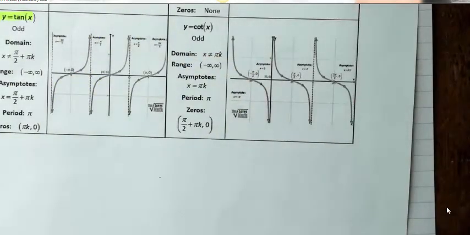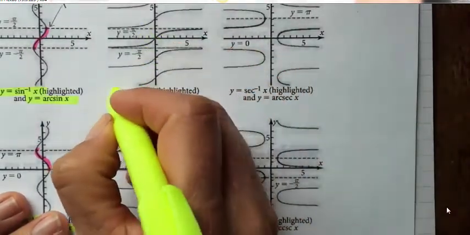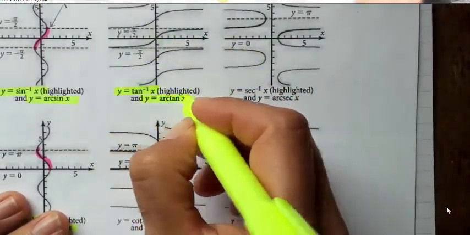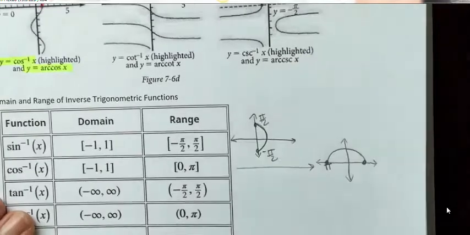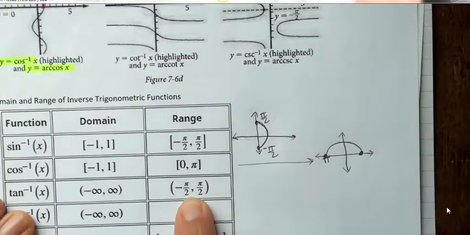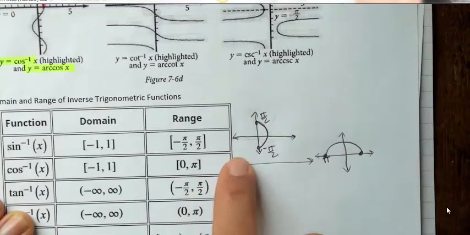Okay, so what does that mean for my inverse? Well, here's my inverse function. And your principal branch is restricted. So notice the range on your principal branch goes from negative pi over 2 to pi over 2. So it's a lot like this one. Okay, it's exactly like this one actually.